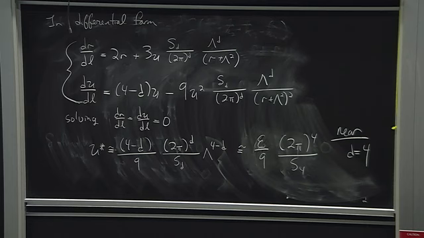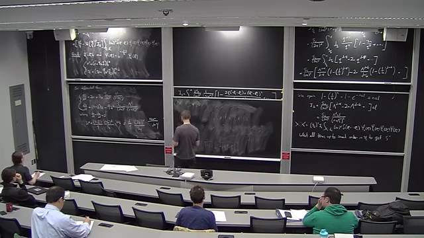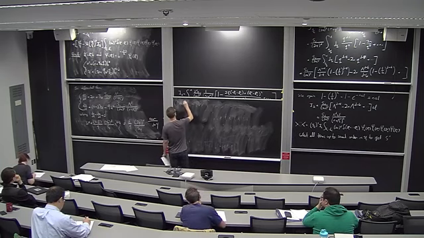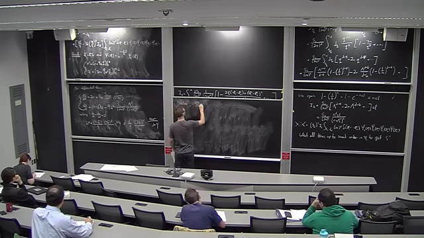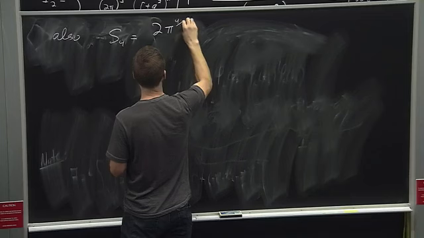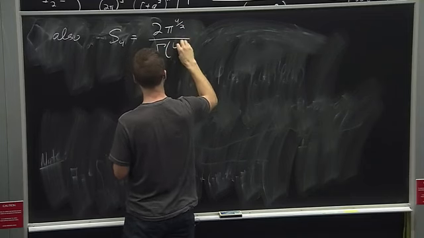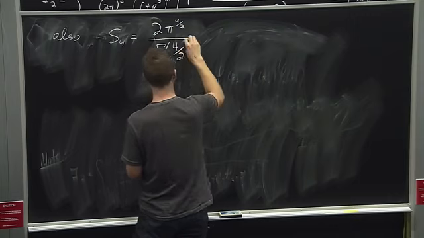Okay, from that, let's see. Actually, I know what S4 is too, right? So I can write in terms of that. 2 pi to the d over 2, gamma 1, oh gamma 2, right? 4 over 2.